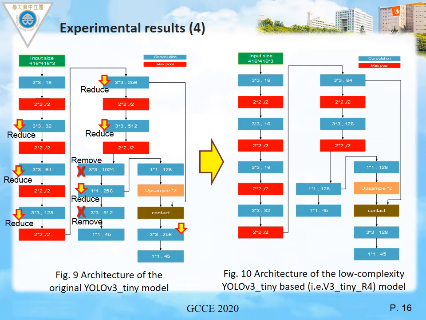We can see that in Figure 9, we removed some layers and reduced the number of filters in several layers. Then we obtain the low complexity YOLOv3 Tiny model, just as shown in Figure 10.